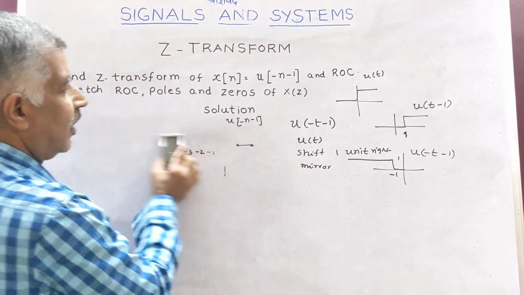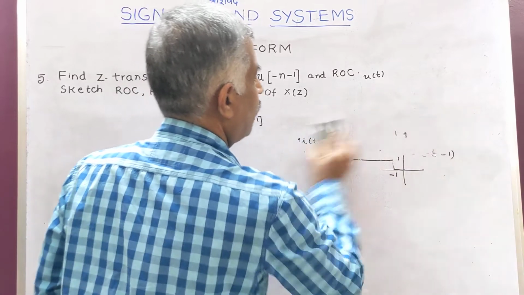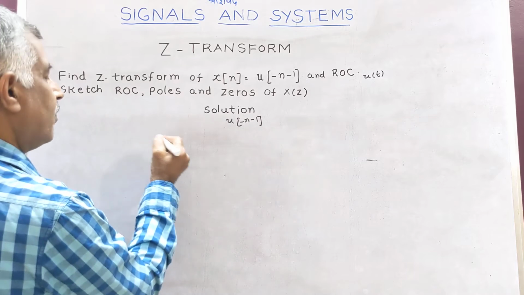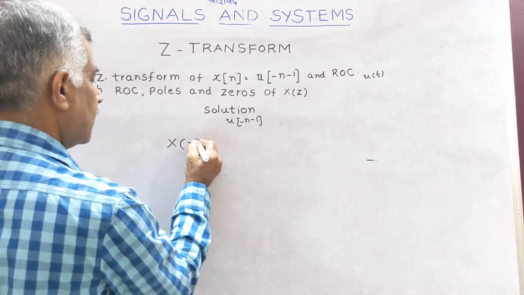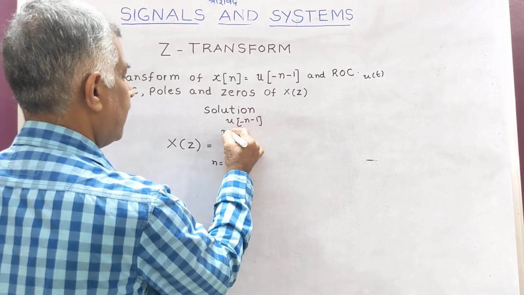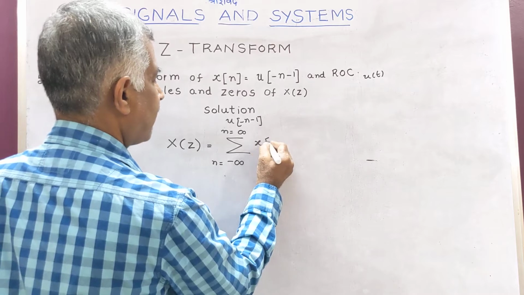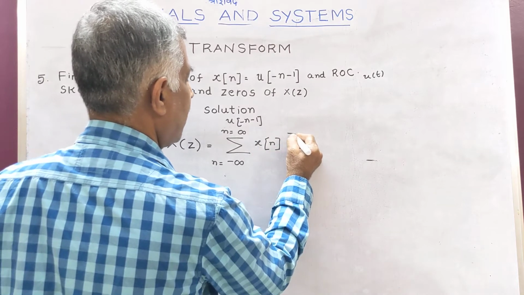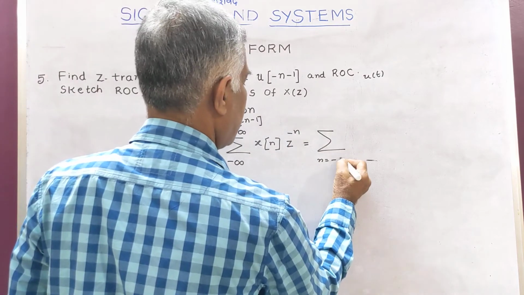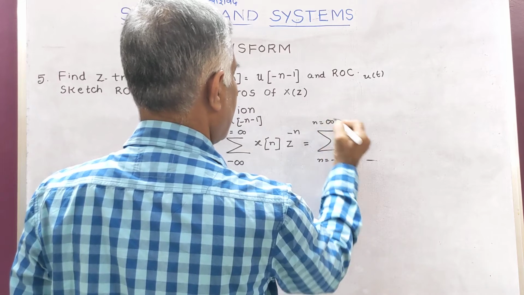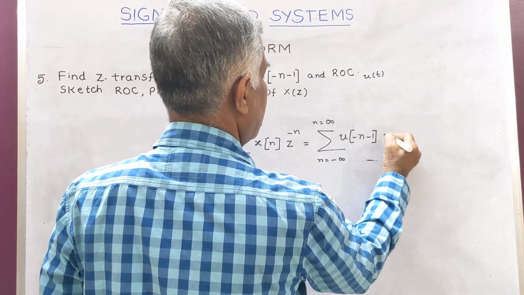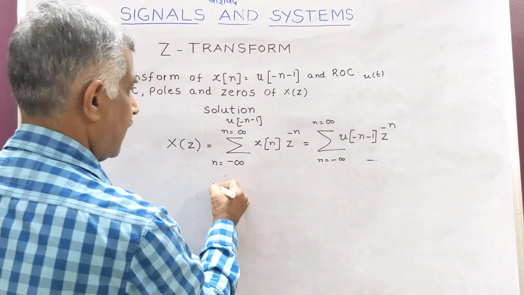Now I will find the Z transform. X of z equals summation, n equal to minus infinity to plus infinity, x of n z to the power of minus n, which equals summation over n of u of minus n minus 1 times z to the power of minus n.